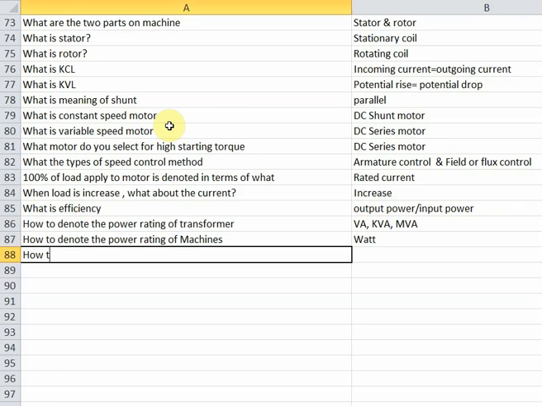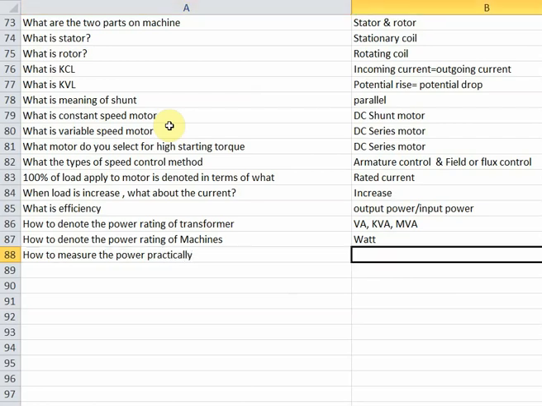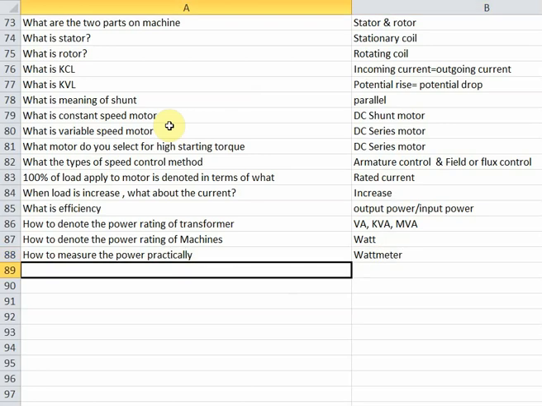How to measure the power practically? Wattmeter. Okay.